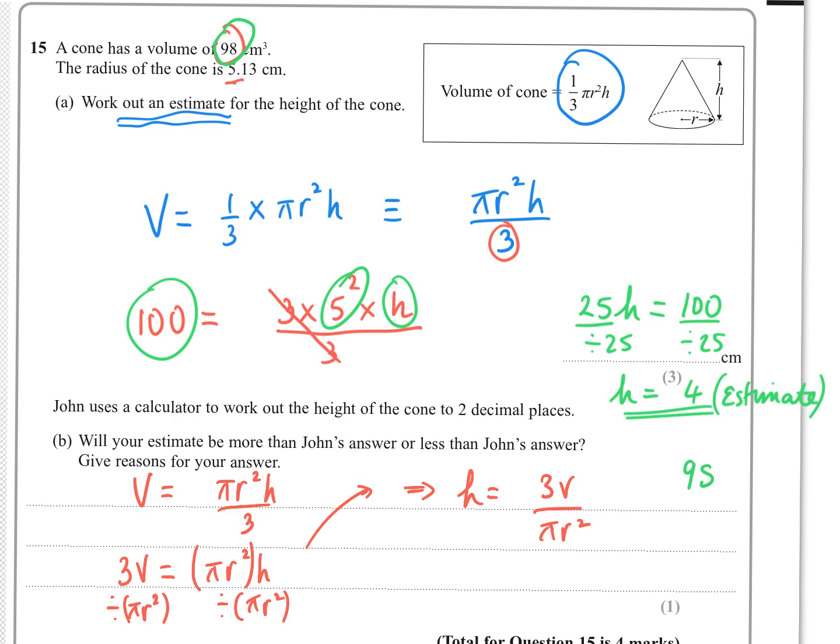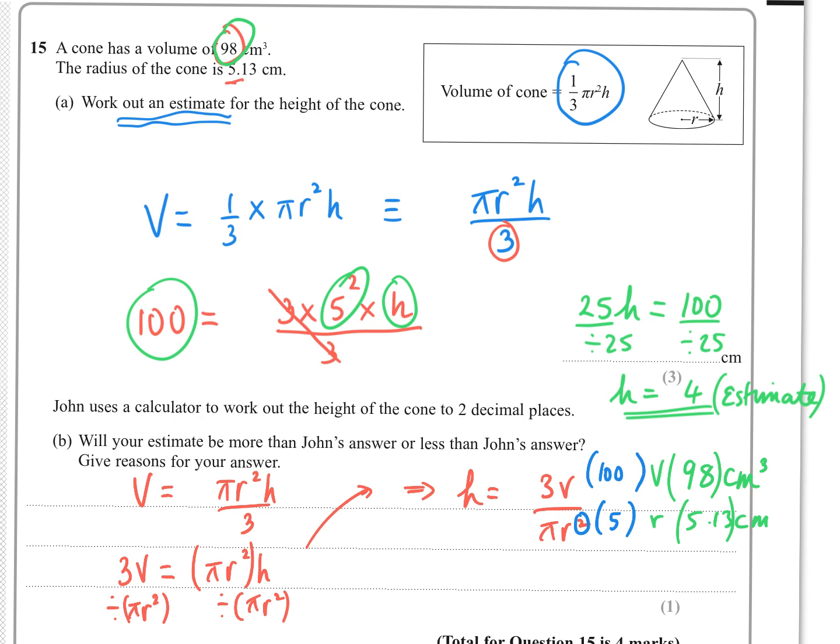So 98 centimetre cubes for the volume and 5.13 centimetres for the radius. But when we did our estimate, we said that the volume was roughly 100 centimetre cubes, and we said that our radius was 5 each time because we had to square it, don't forget.